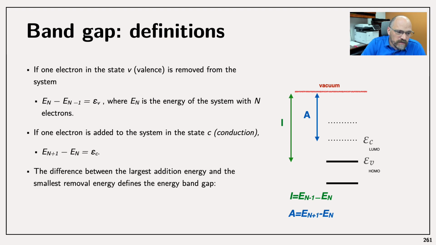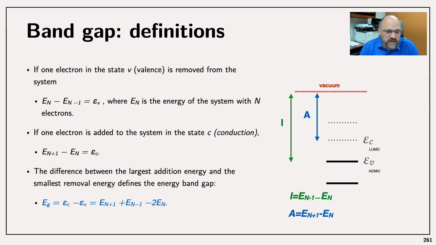Now, by defining what the energies of those conduction and valence bands are, we can calculate the band gap, and the band gap will be the energy of the conduction band minus the valence band. We say epsilon_C minus epsilon_V because we know epsilon_C is obviously larger than epsilon_V at 0 kelvin.